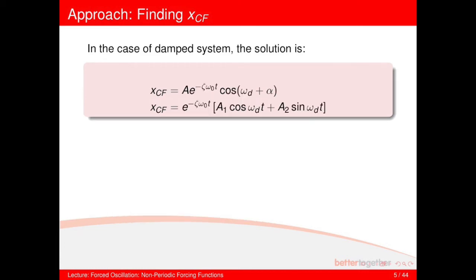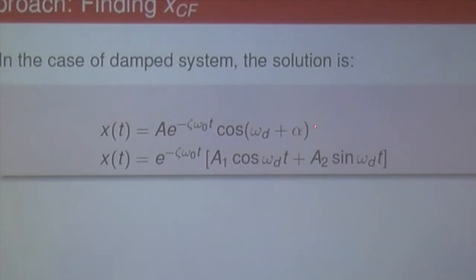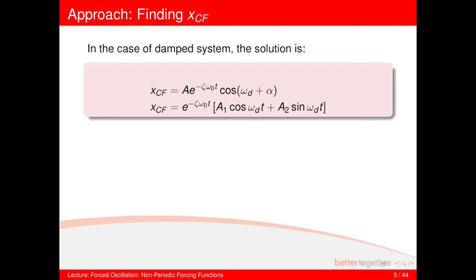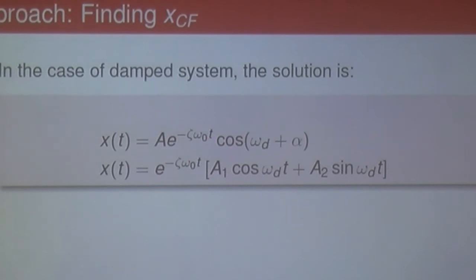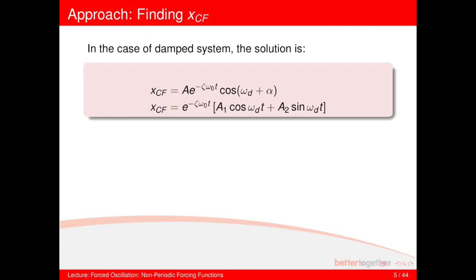In the case of a damped system, you've got this as your free response. The only difference being this is now alpha, not phi, and you've got this decaying exponential in there as well, e to the power of minus zeta omega naught t. And your frequency is now omega d. There should be a t there, apologies. So for a damped system, the solution looks like this.